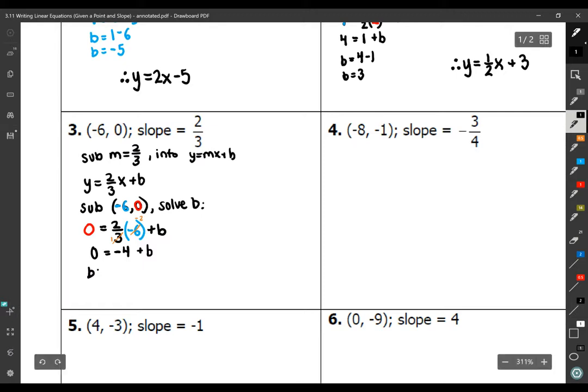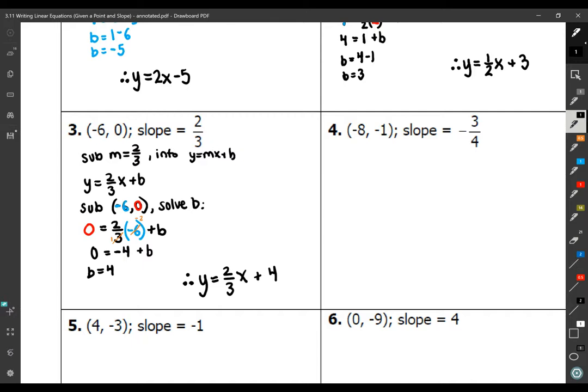Okay, rearrange for b, we get b is equal to positive 4. And therefore, we're ready to write our final equation. Y is equal to 2 over 3, not 2 over 3, times x plus 4, right? Don't forget that x.